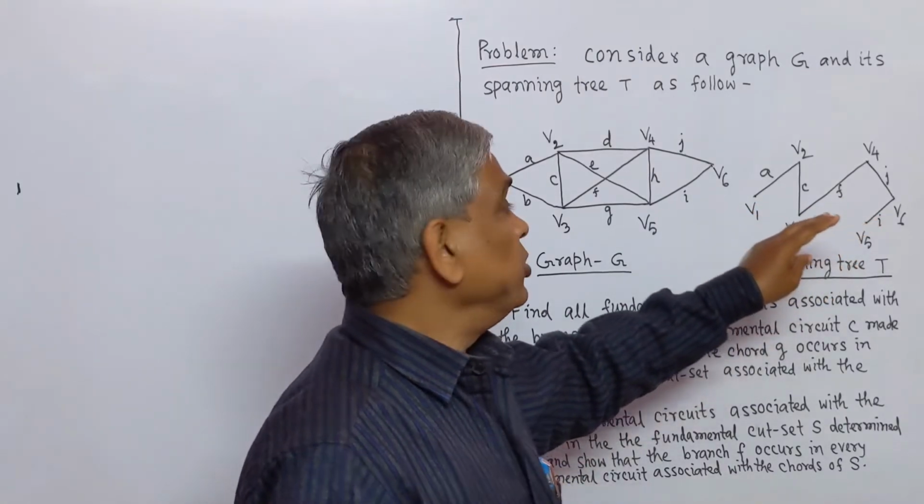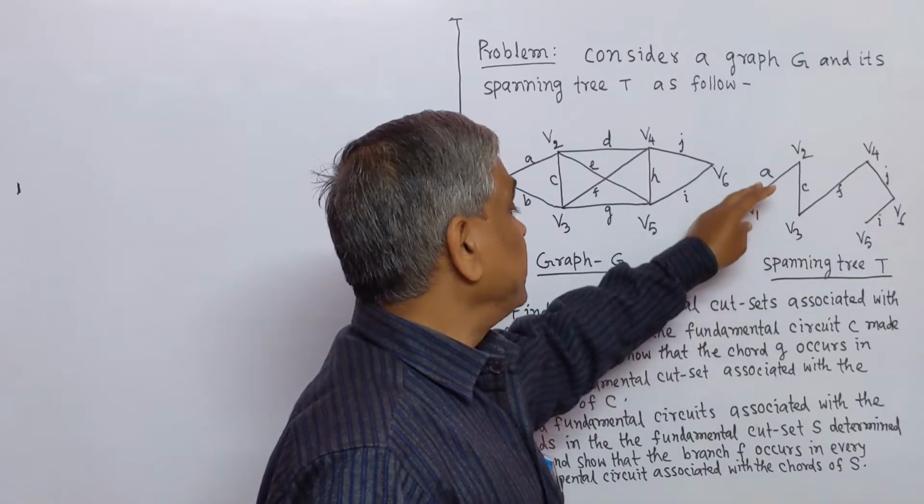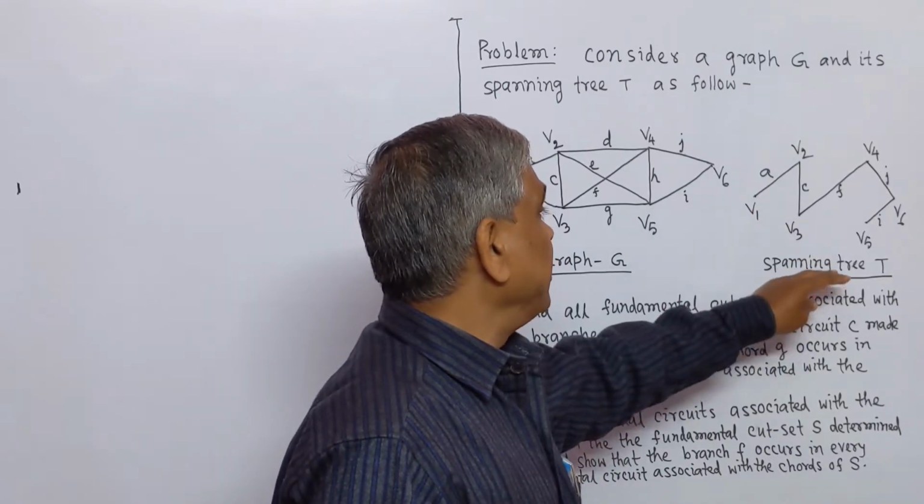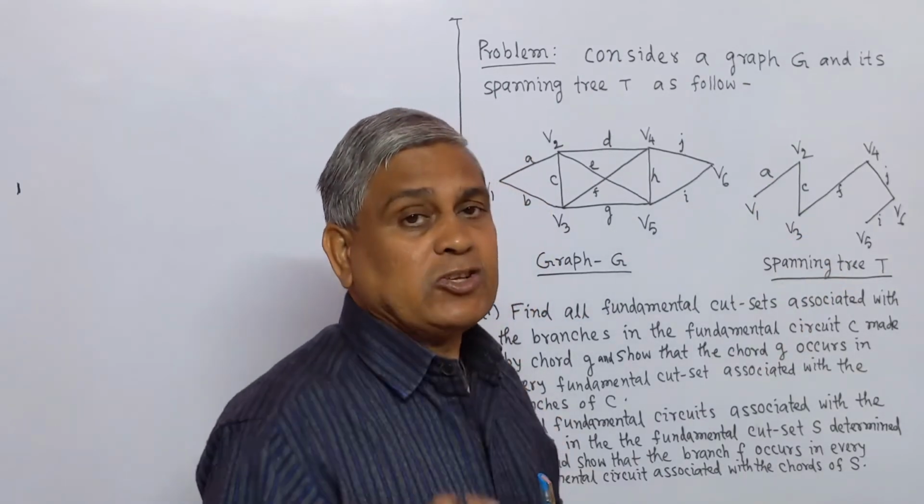The edges which are associated with spanning tree T are called branches of the spanning tree T.